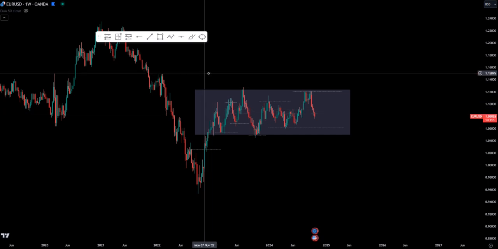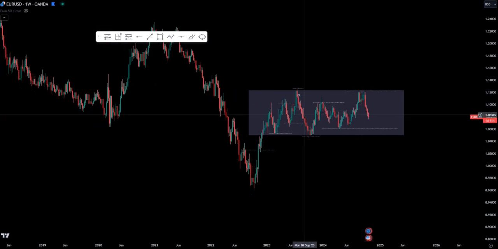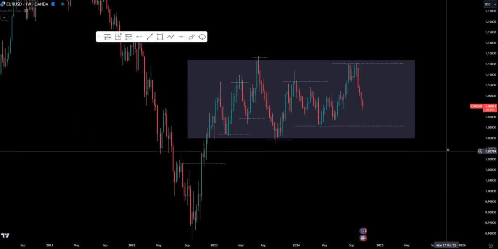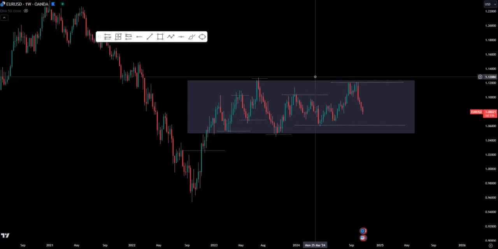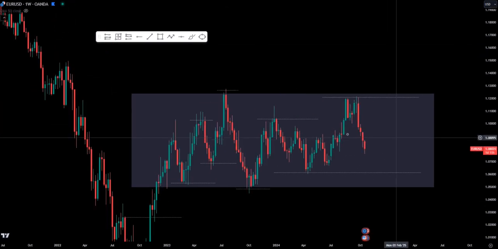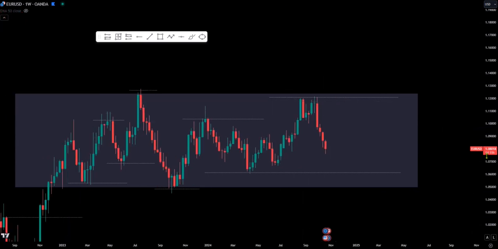Nothing is clear in weekly. So in the weekly, we don't base our entries or our analysis on the structure. We base it on candles, okay?